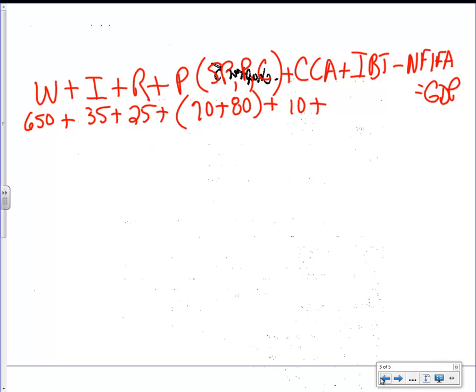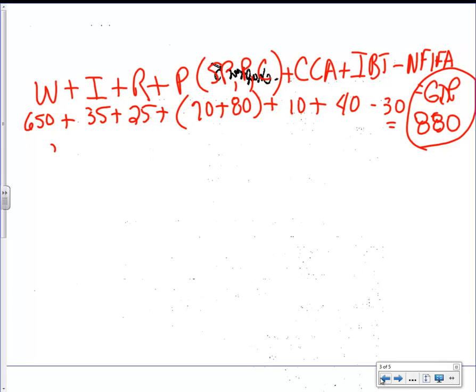We have indirect business taxes at $40. And we have net factor income from abroad at $30. So our gross domestic product calculates to be $880. So we have $880 for our gross domestic product.